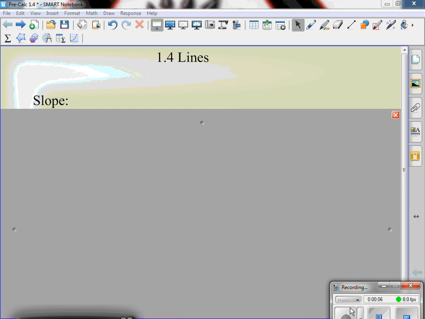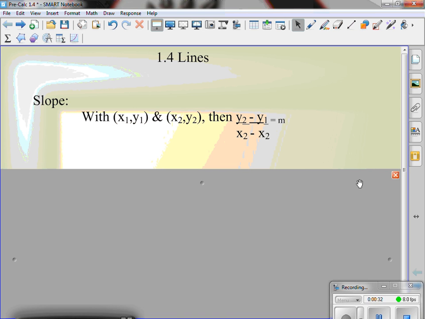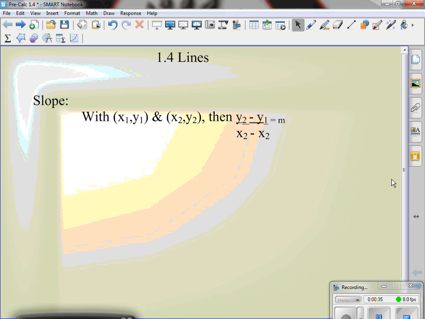Lines. Slope. This is all a review from Algebra 1 and Algebra 2. There are things that you have to understand. What is the formula for slope? Okay, rise over run, that's the basic one. M equals... If I have 2 points, x1, y1, and x2, y2, you take y2 minus y1 over x2 minus x1.